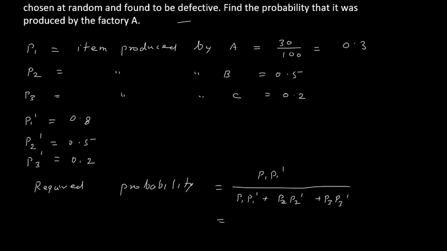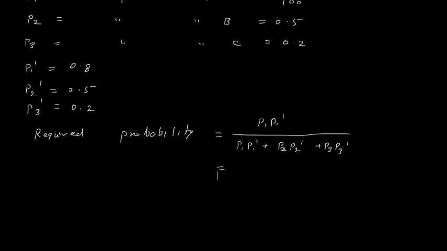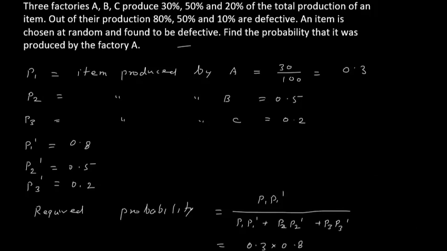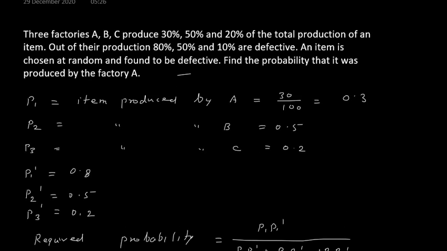So this will be equal to 0.3 into 0.8 upon 0.3 into 0.8 plus 0.5 into 0.5 plus 0.2 into 0.1. P3 dash is what? 10%.